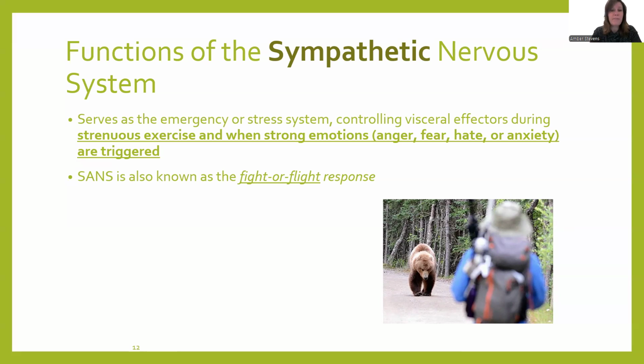When you're in that fight or flight mode, your heart beats faster, blood vessels constrict to cause blood pressure to increase, and blood vessels in the muscles dilate. That's to help get more oxygen to those muscles in case you need to flee and run, right?